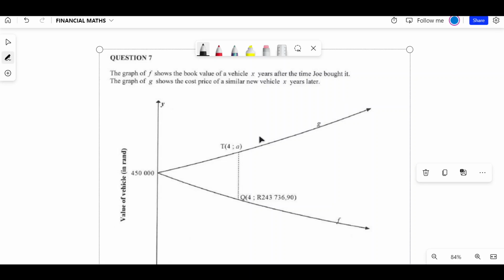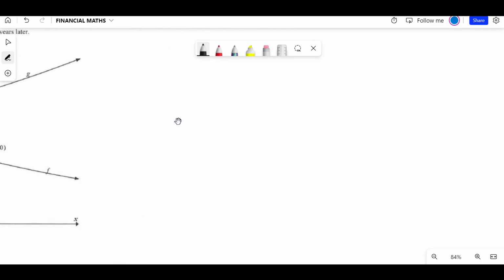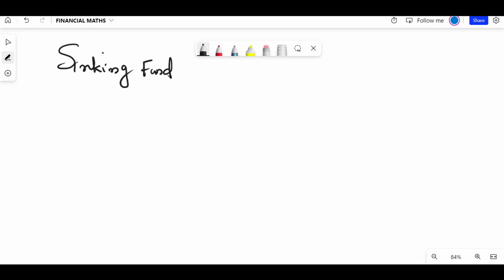Now, when it comes to inflation and depreciation, I want to mention one more thing in the chapter, which is called the sinking fund. Let me explain what a sinking fund is. A sinking fund is set up to replace something that you bought now, in the future. That means there is one price now.